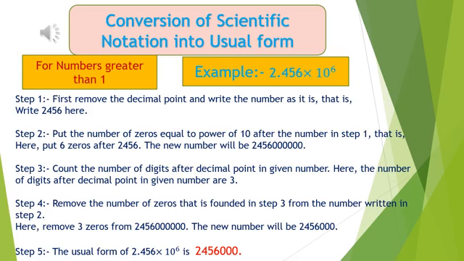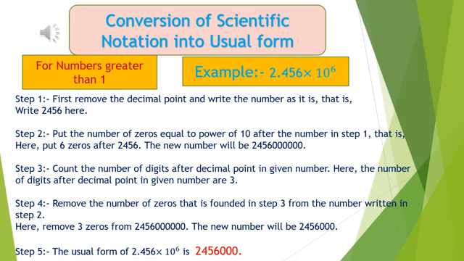First, I am taking a number that is greater than 1. If your number is greater than 1, then in scientific notation will the power be positive or negative? Remember, positive. So I am taking the example 2.456 multiplied by 10 raised to the power 6.